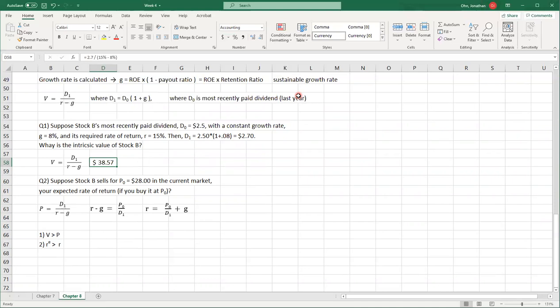Suppose this stock sells for $28 in the current market. Now, first, is it an attractive stock or not? Can anybody answer this question? What do you think?